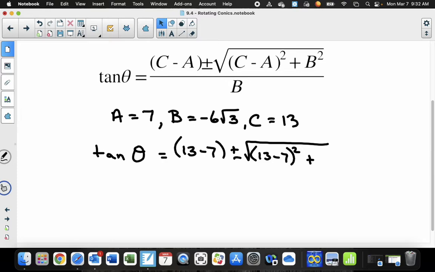Remember, when you substitute things in, put them in parentheses. Okay, so in this case, (negative 6 square root of 3) squared, all over the b value, which again is negative 6 square root of 3.